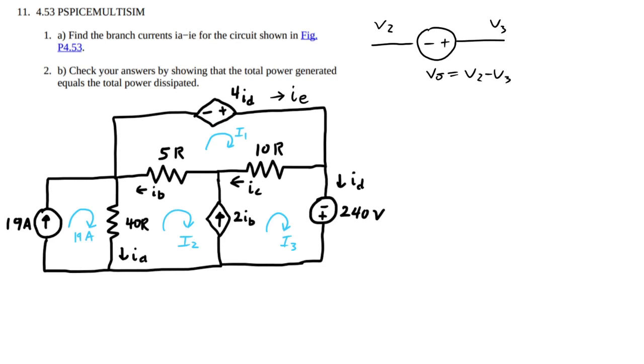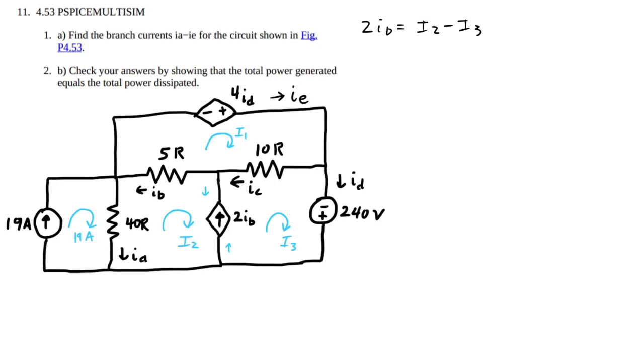Same kind of deal here. Whenever you use a super node, you're going to have an expression for that mesh current, so to speak. So if you consider the directions of these mesh currents, we have I2 going that way, I3 going that way. 2IB equals I2 minus I3.